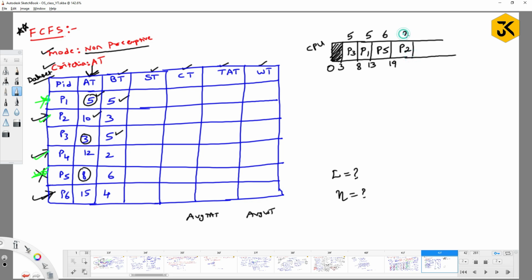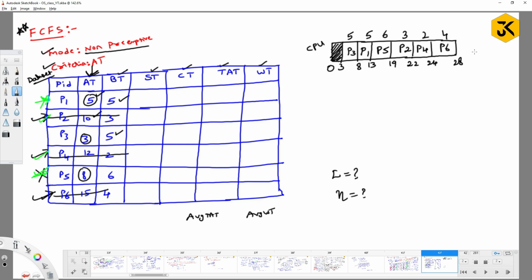P2 works for 3 nanoseconds and will be done by 22. Then P4 will serve for 2 units, that will be 24. Finally P6 will serve for 4 units, and it will be done by 28.